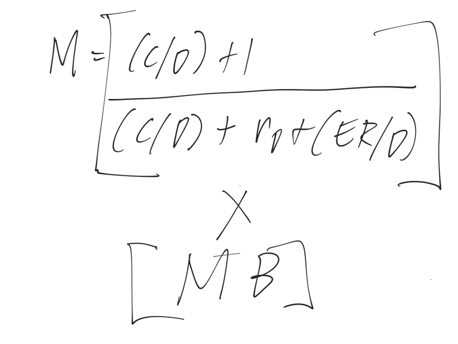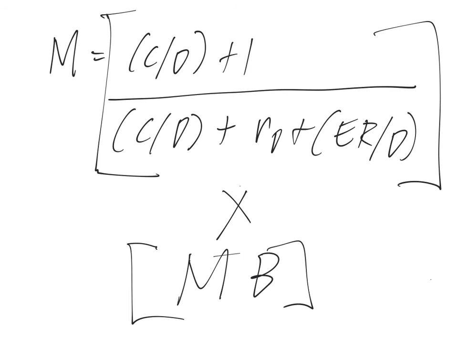In this world where we only use checks and no currency at all, and banks hold no excess reserves, so ER is equal to 0, the top expression is 0 plus 1, and down below 0 plus RD plus 0.